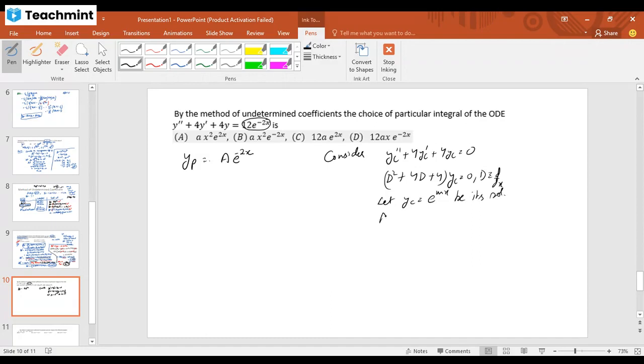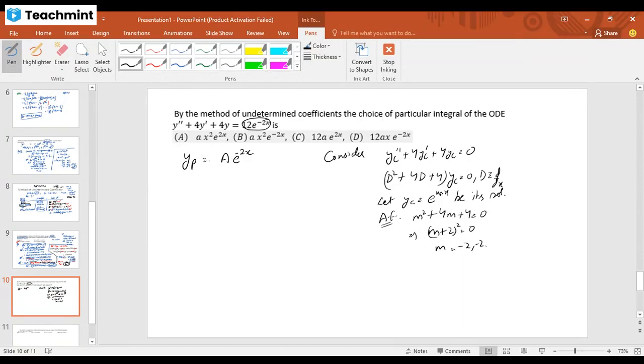In this case, its auxiliary equation will be m square plus 4m plus 4 equal to 0. 4 is already a perfect square, 2 square, and 2 plus 2 is 4. So it is basically m plus 2 whole square equal to 0. So the value of m is minus 2 and minus 2.